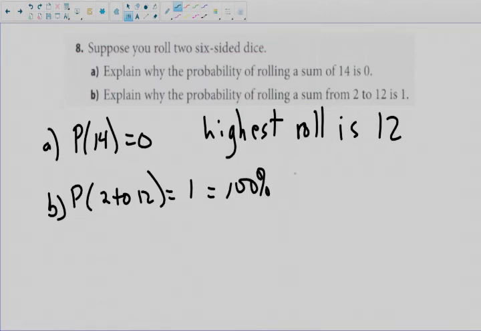There's no other sum, so you have to roll a sum of 2 to 12. There's multiple different ways of explaining this one. As long as it's something similar to what I wrote here, you should be good.